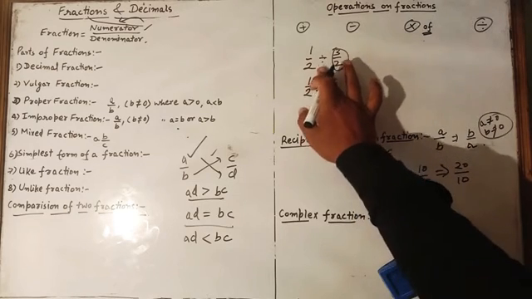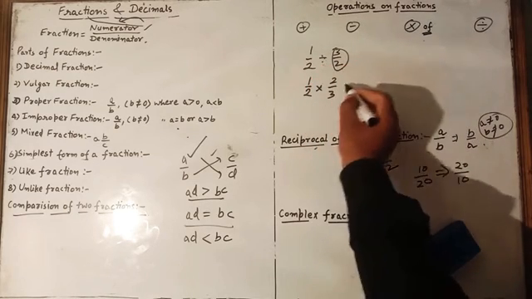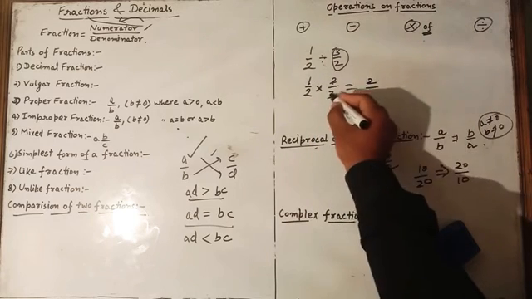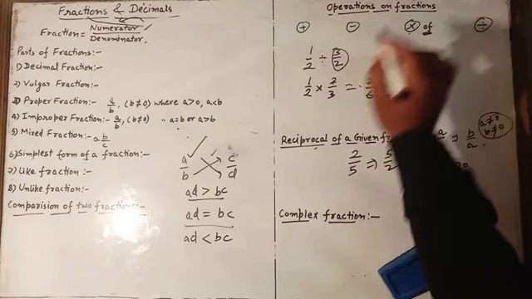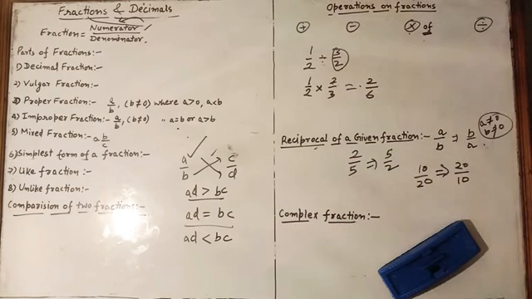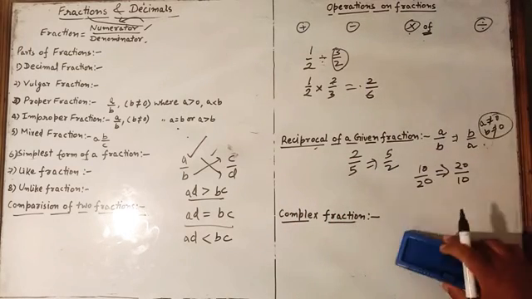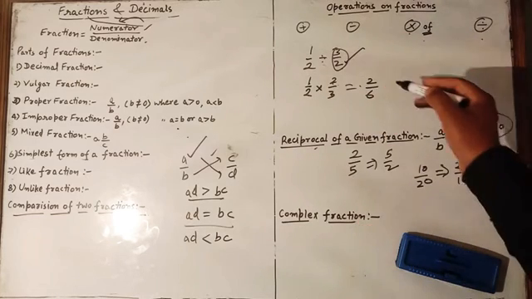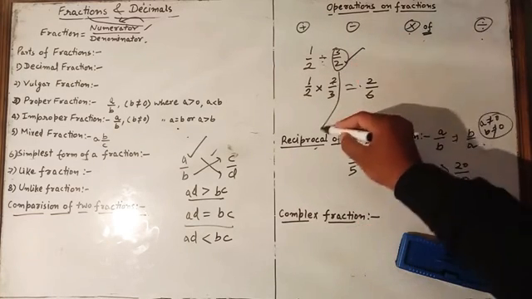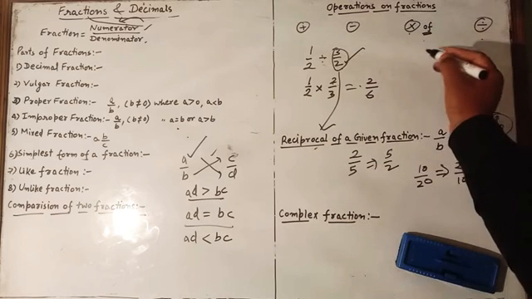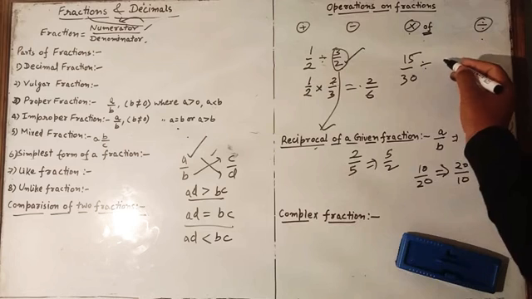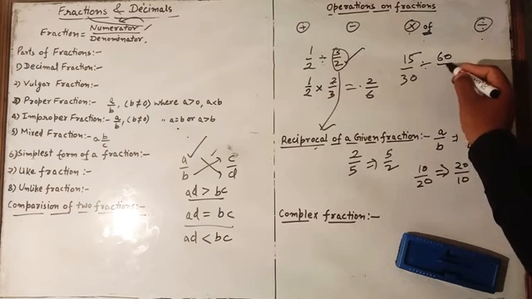Now it becomes simple multiplication: 2 into 1 is 2, 3 2s are 6, same as we have done in multiplication. Like this, in case of division, whatever the second fraction is, we will take the reciprocal of that one. One more example we can take: 15 upon 30 divided by 60 upon 30.